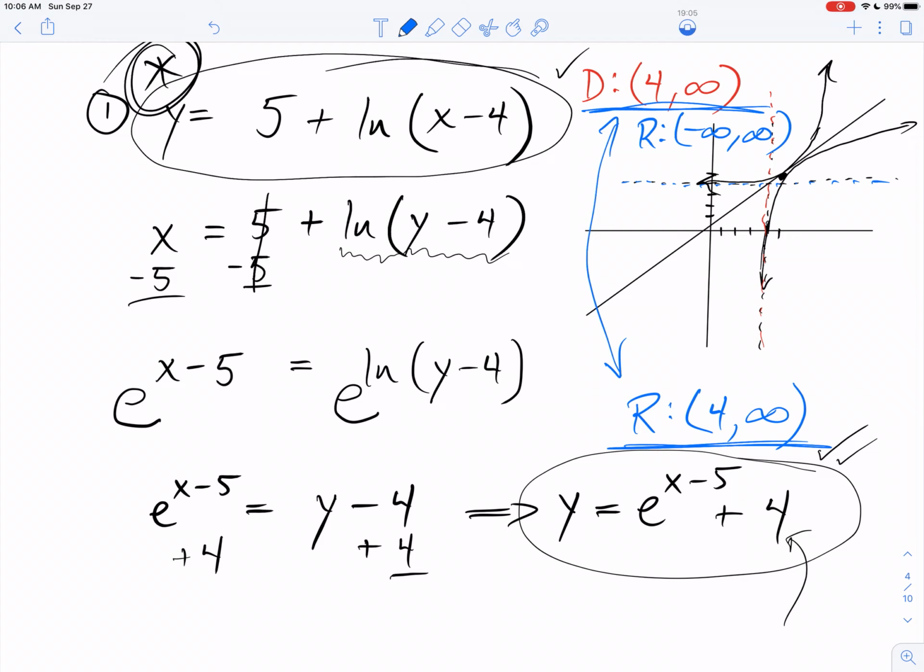Now I got to tell you, this one would be a nice easy one to punch in on the calculator. It totally would. But I want to warn you, I made up this example so that if you do go to your calculator and punch in this function here, and then you punch in this function here, and then you graph y equals x to split it down the middle, you're going to find out that your graphing calculator is going to stop right here on this function y, and I've said it before.